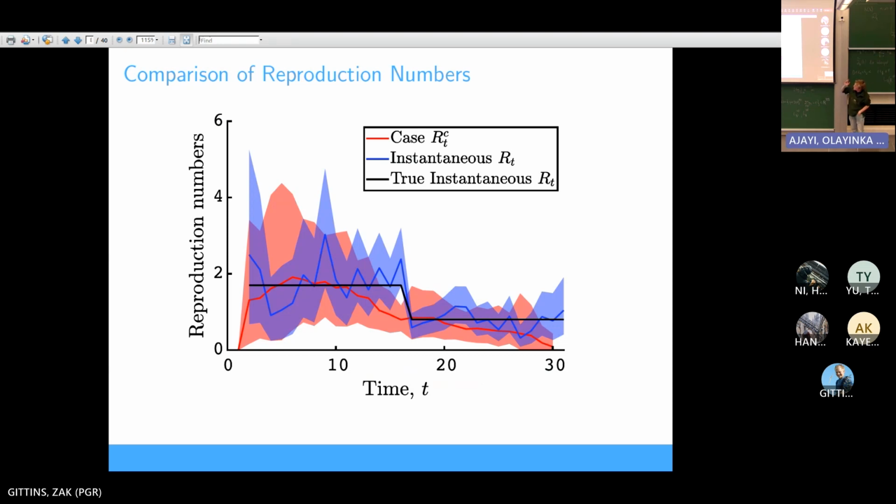And then this was just comparing these two definitions of the reproduction number. The black line is what I've used to simulate. On average, we expect that the number of people who displayed symptoms on day 15, how many did they go on to infect? Well, on average, it was about 1.